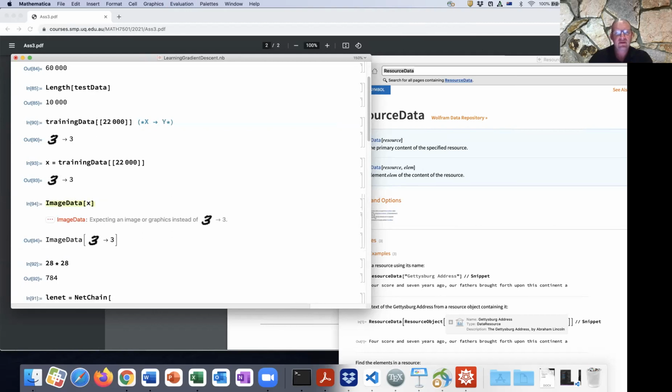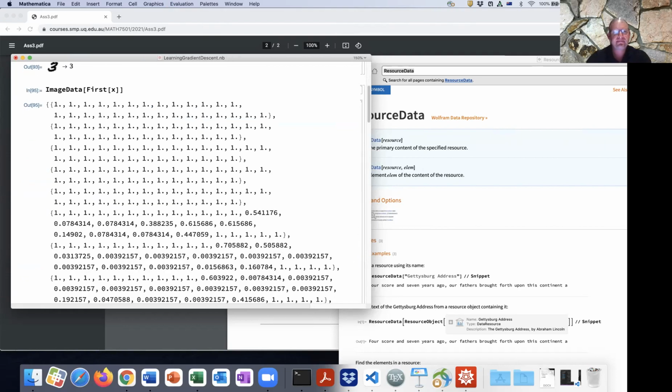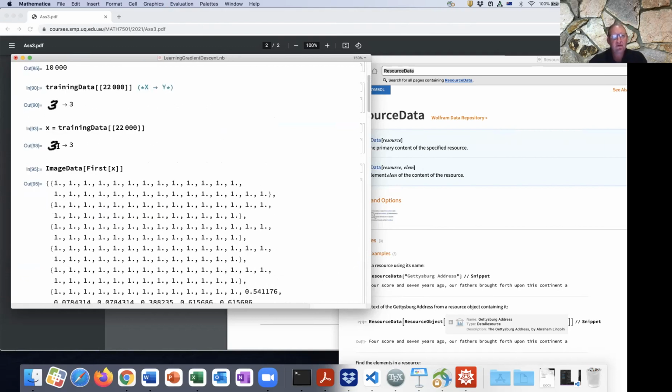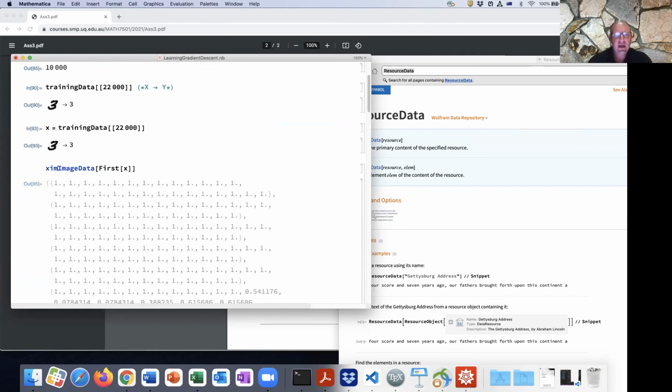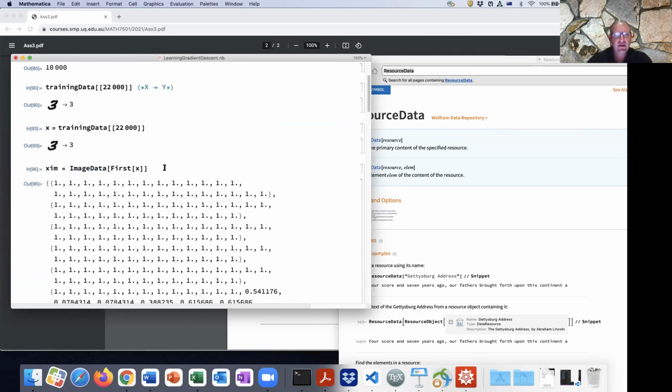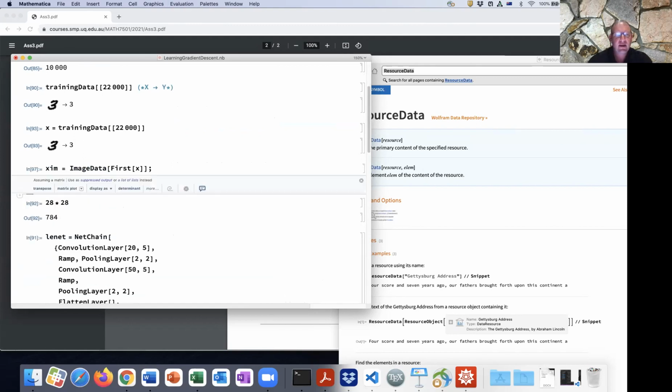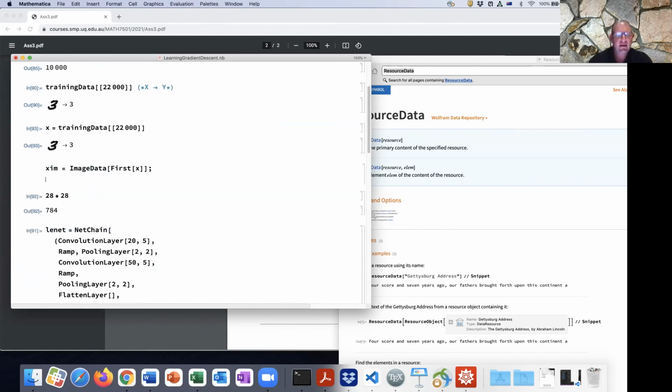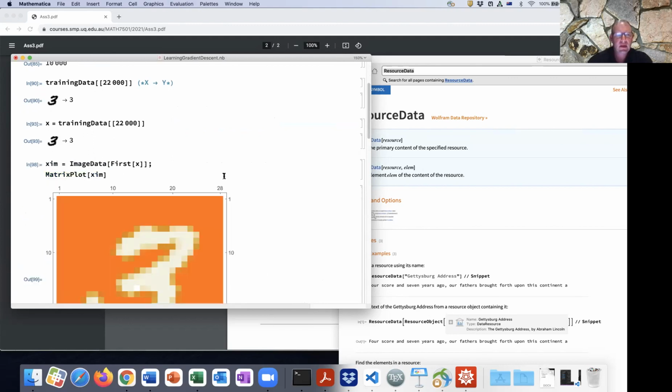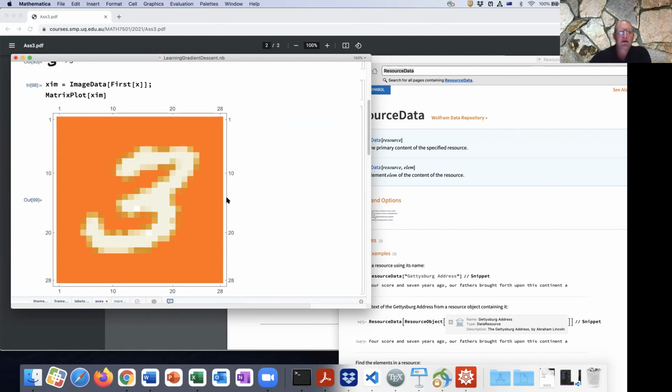So let's take the first of X. I think that would work. This would extract the image. Let's call this xim, that is, x image. And now I can do a matrix plot of xim.